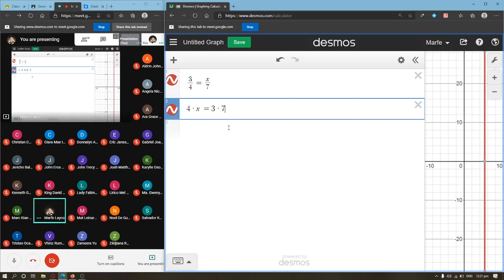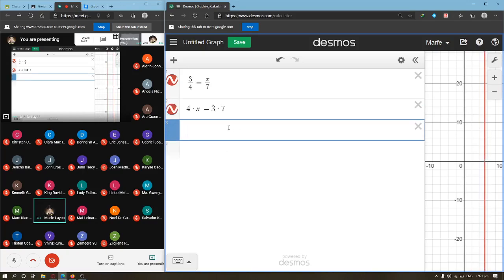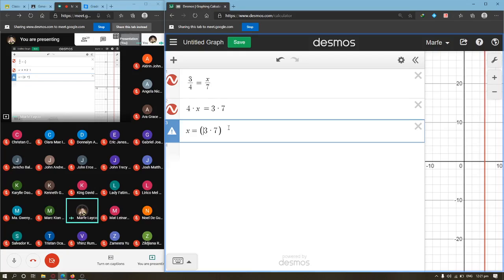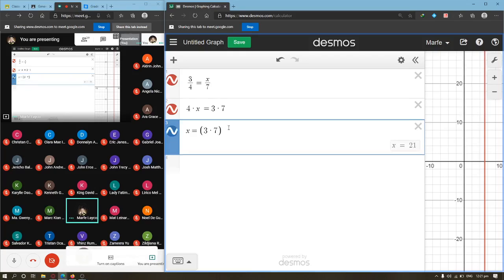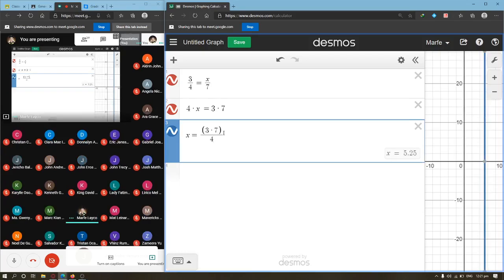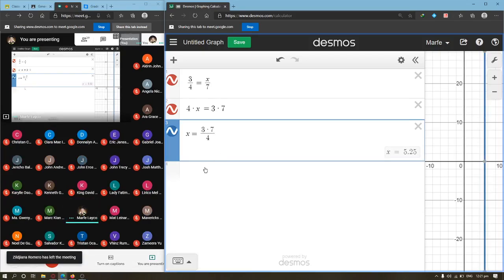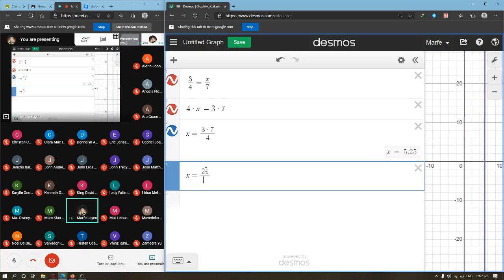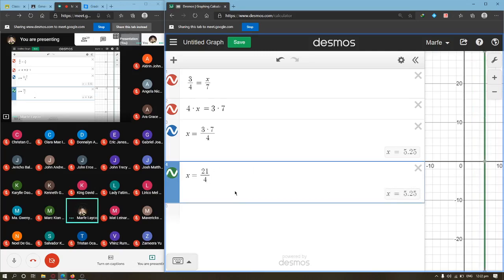So, cross multiplication lang. Then, x is equal to 3 multiplied by 7 divided by, ano yung katabi ng x? It is 4. To simplify, x is equal to 21 over 4 or 5.25.